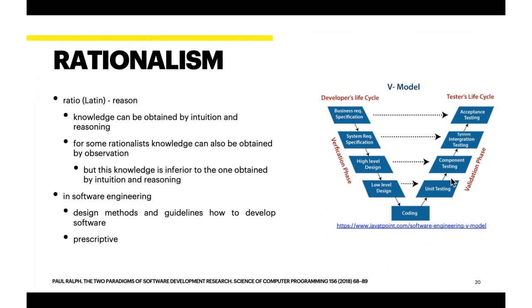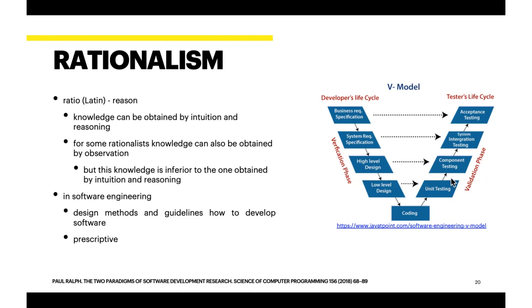Some rationalists also believe that knowledge can be obtained by observation, but then this observational-based knowledge is inferior to one obtained by reasoning. So in software engineering, this means that rationalists will design methods and guidelines how to develop software based on the reasoning, based on how things should be done in order to achieve things.